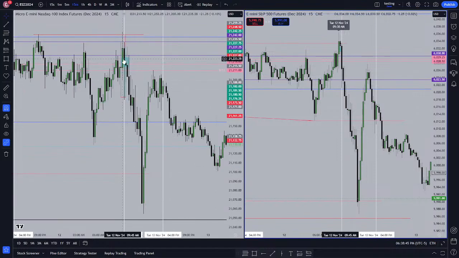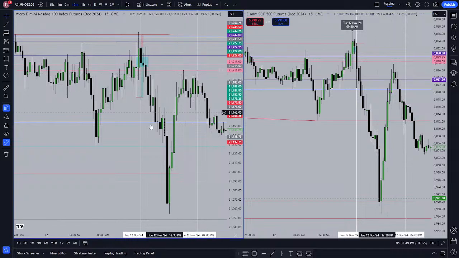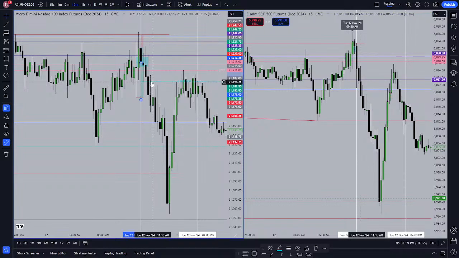Okay, so 10 a.m. comes. 10 a.m. comes. It closes like that. This is a great sell signal. And we go from here. Of course, there's an SMT.